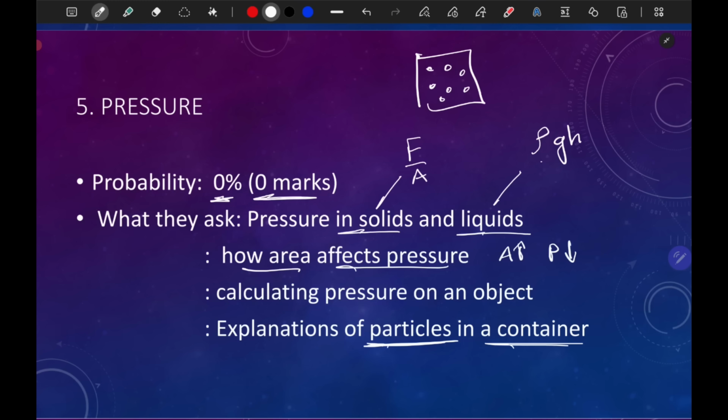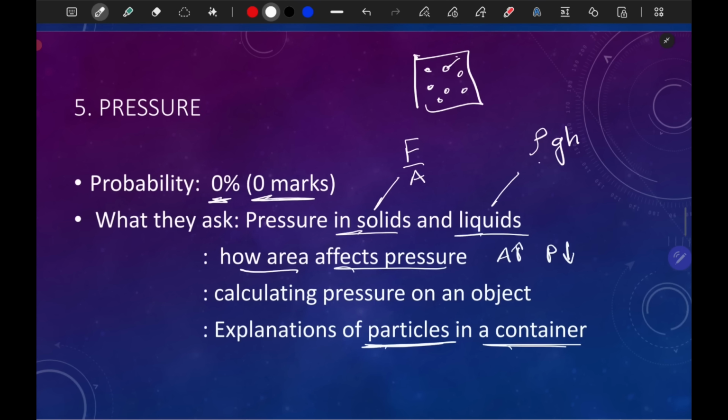What happens is these gas particles are moving randomly at high speeds, and then they collide with the walls. When they collide with the wall, they exert some amount of force on a specific area. Since pressure equals force over area, there's going to be pressure on the walls of the container.